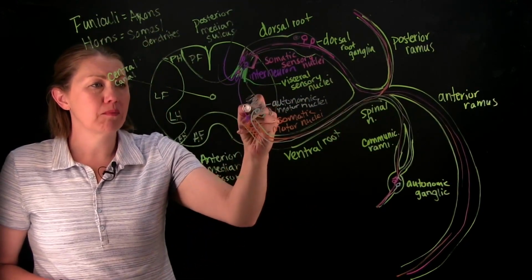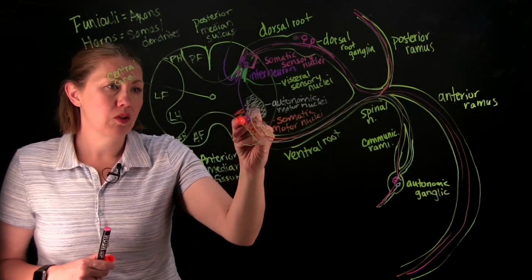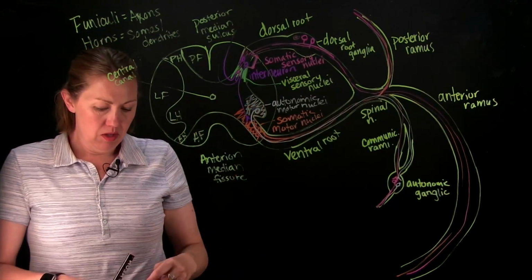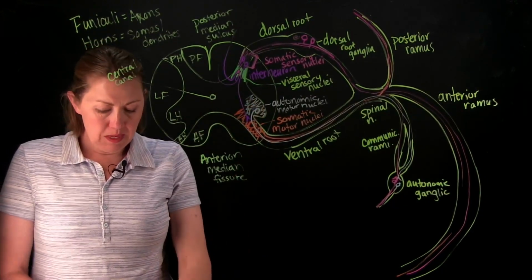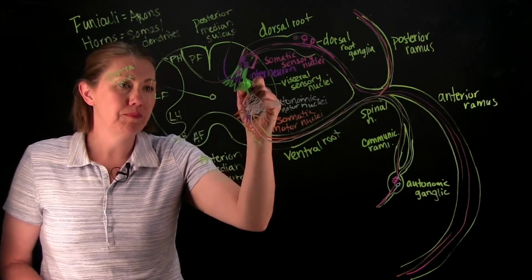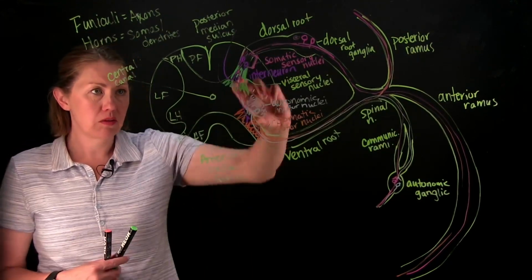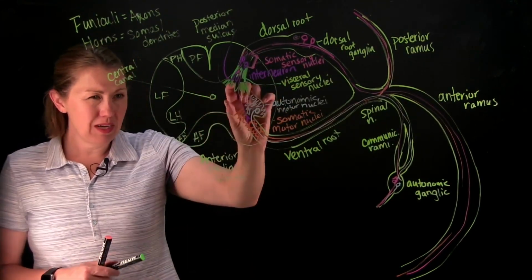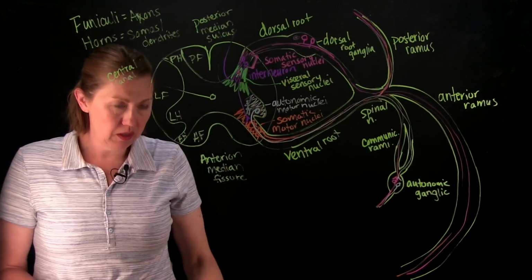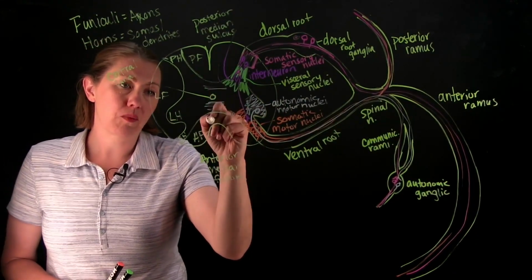We could probably make this a little bit wider and better looking art, but hopefully you're getting a sense of it: sensory information is going in the back, motor information is in the front, conscious is more superficial than unconscious, and there's a spot right here in the middle which is a little weird because here you actually are communicating back and forth. This is called the gray commissure.